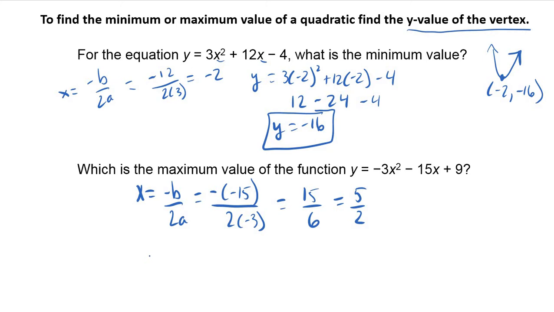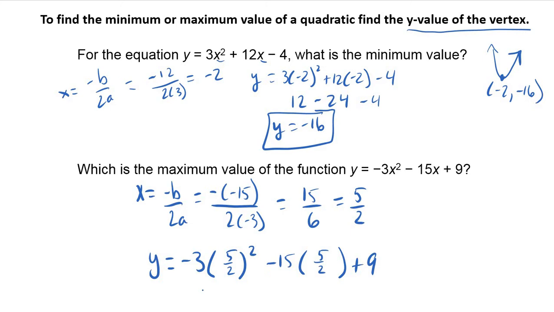Right, now we go plug it back in. So y equals negative 3 times 5 halves squared minus 15 times 5 halves plus 9. Okay? Now, of course, this is going to be a good problem to plug into your calculator or use Desmos.com as a calculator.